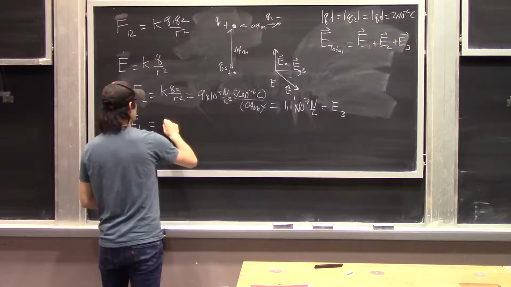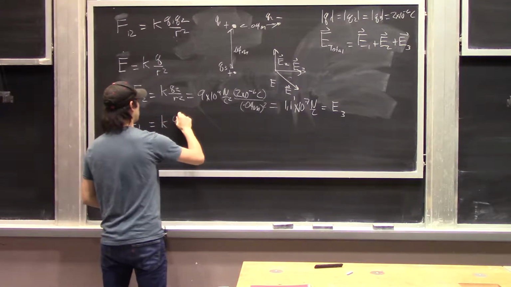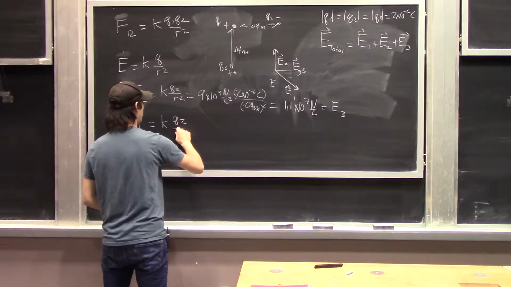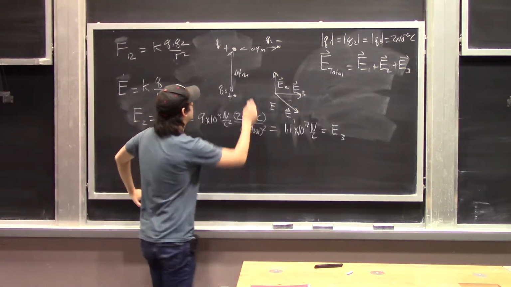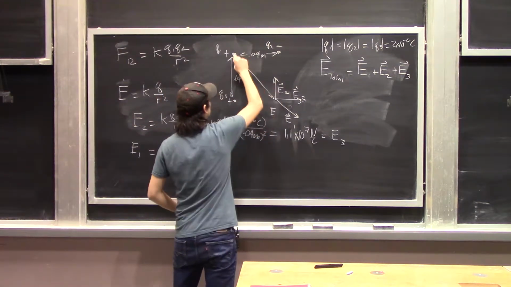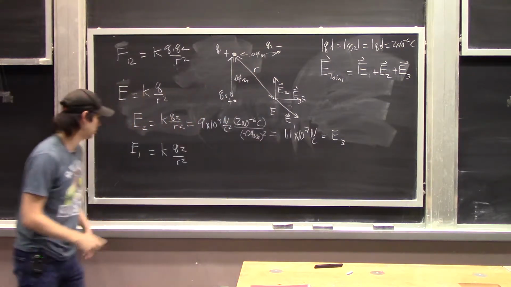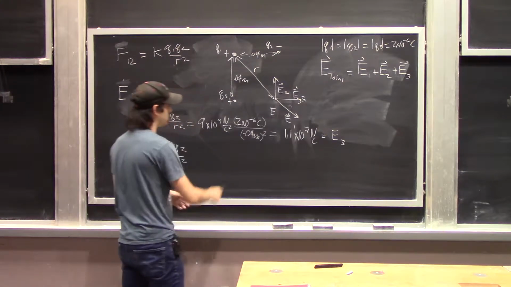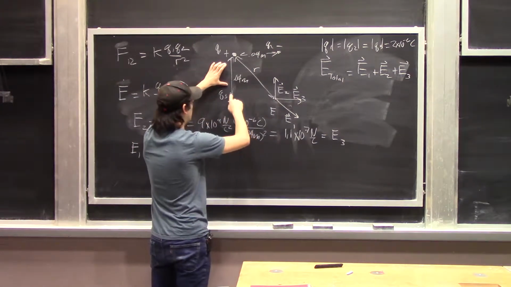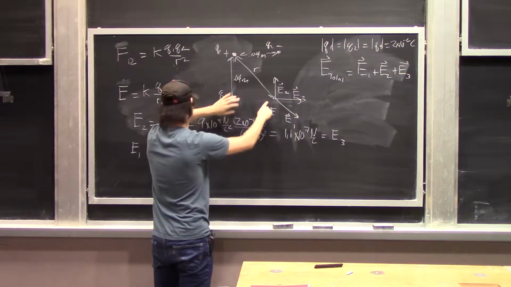And so E1 is going to be equal to, again, kQ2 divided by r squared. This is a different r, right? Because now this r that I have here is this distance r here. And so in order to find this distance r, we need to use the Pythagorean Theorem, knowing that this is some side 0.04, this is some side 0.04.